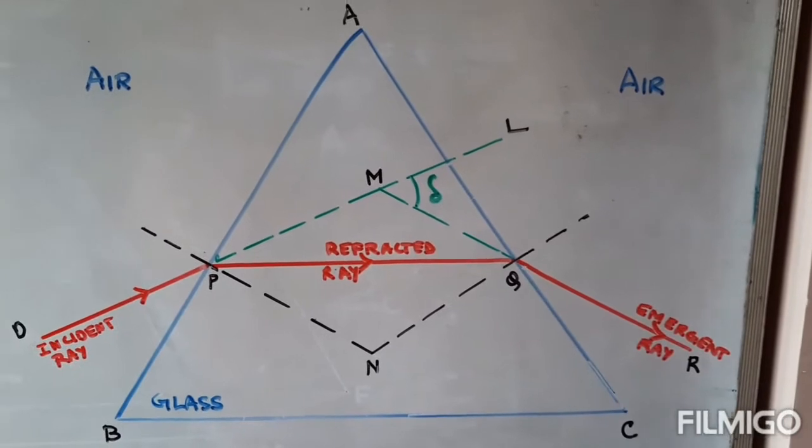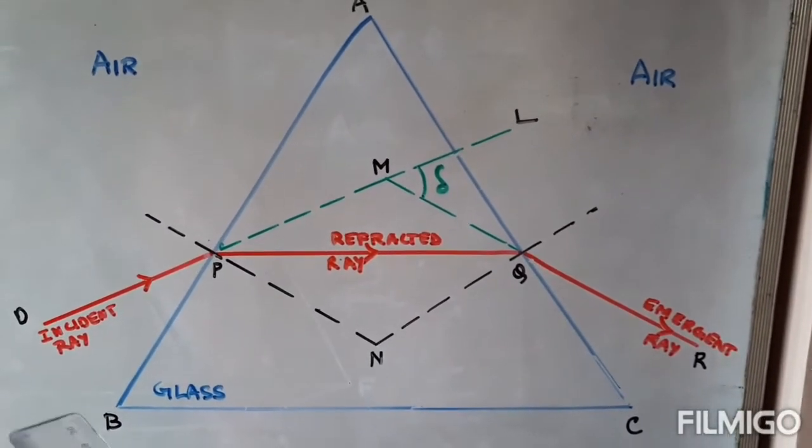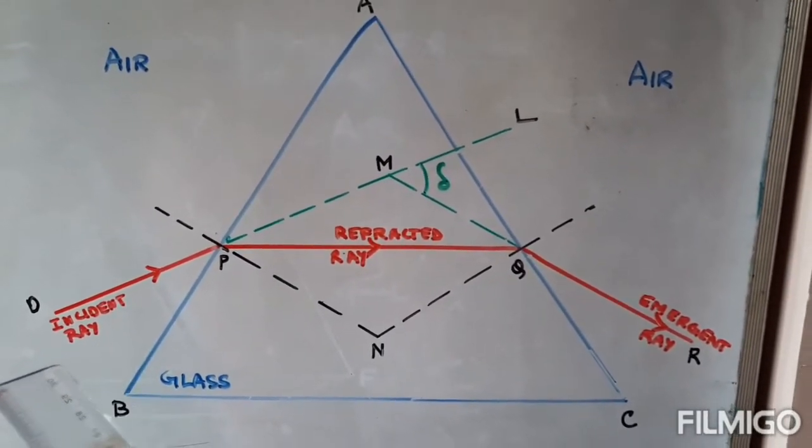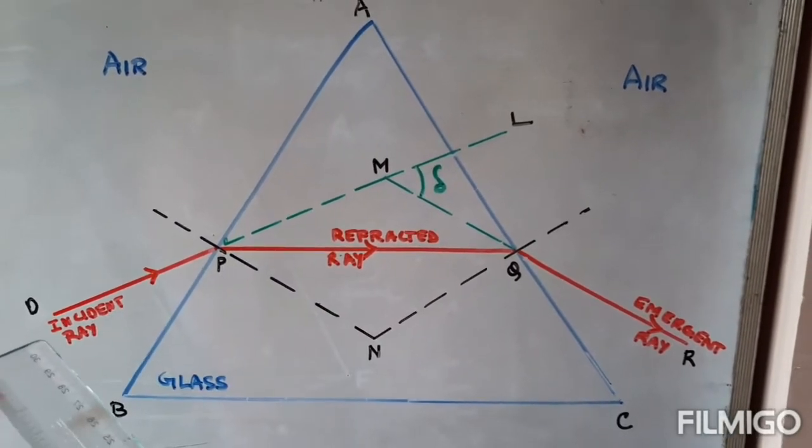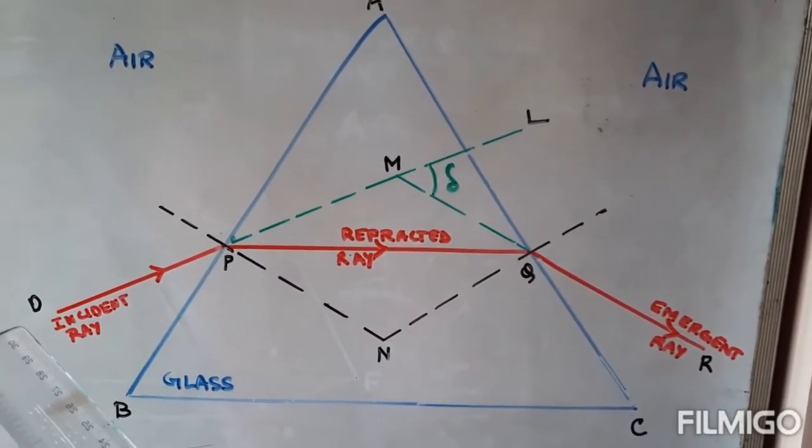Now, if the incident ray travelled undeviated, then it would have taken the path OL.